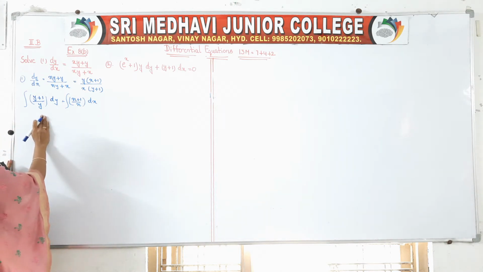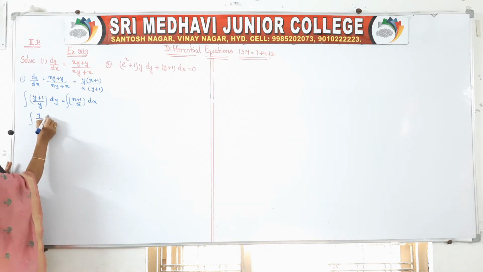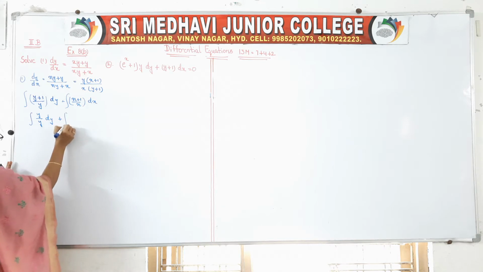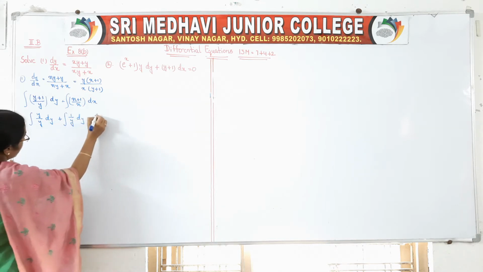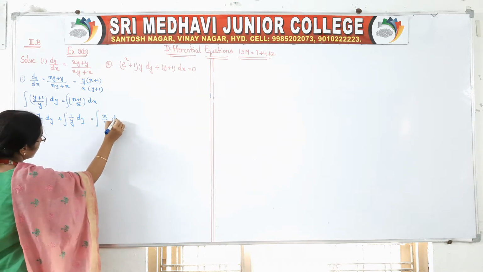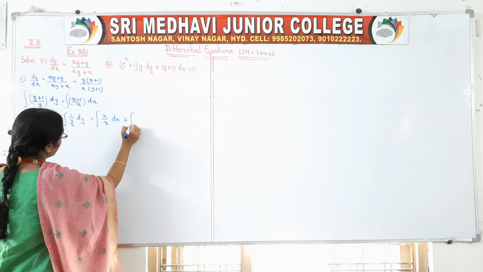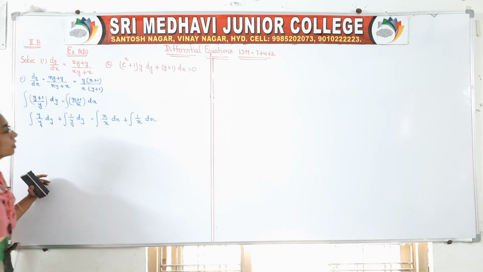Okay. Now, separate them. Integral y by y dy plus integral 1 by y dy is equal to integral x by x dx plus integral 1 by x dx. Okay.